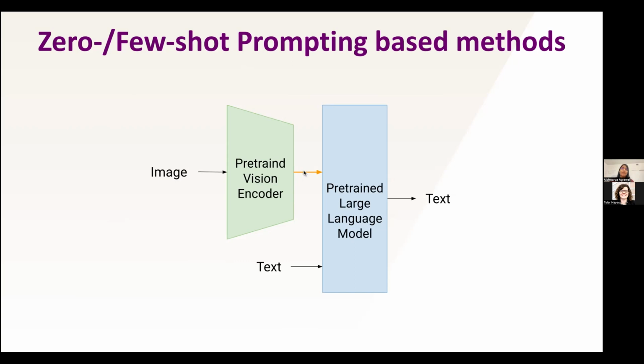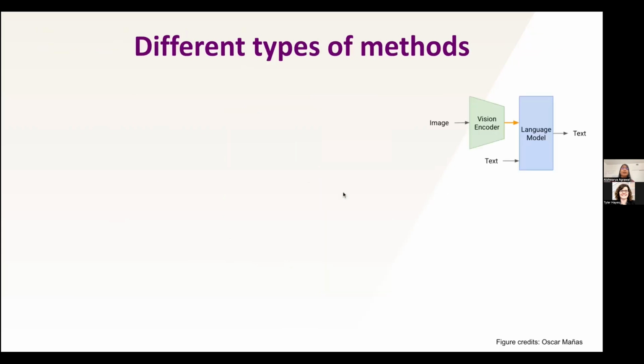That is where a typical mapping network would be involved, and this mapping network can be as simple as a linear layer. There's one paper that tries doing this adaptation using a linear layer, or as complicated as a big transformer. So there are a bunch of different methods that fall in this high level overall family.